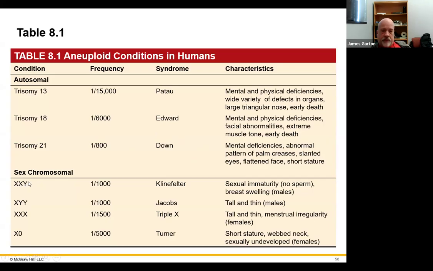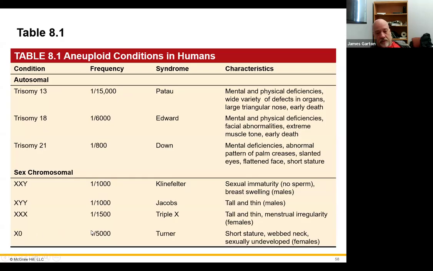And then you have the aneuploidies of the sex chromosomes: XXY, XYY, XXX, or X0. These first three are not really that uncommon, and they all have names and some characteristics.